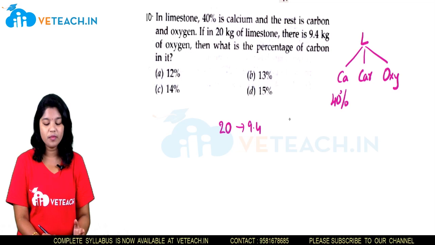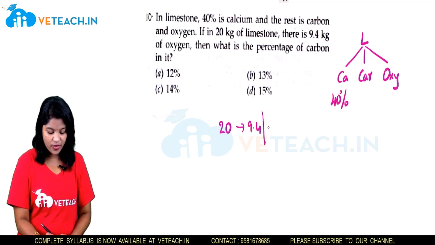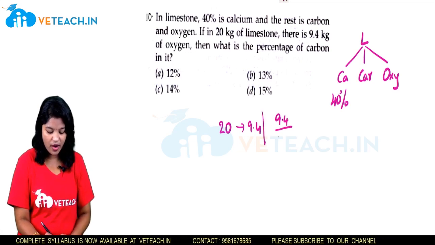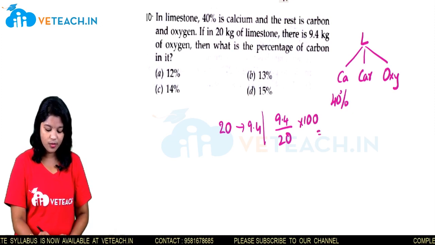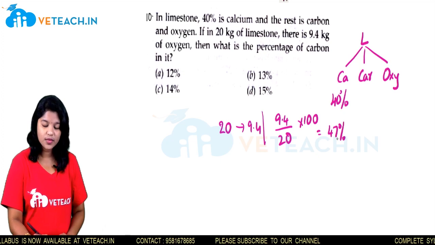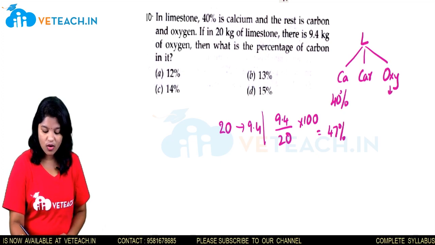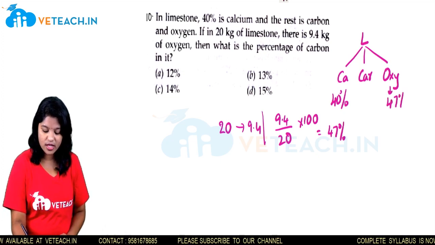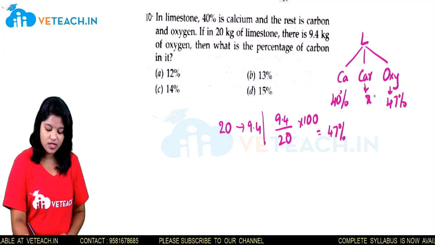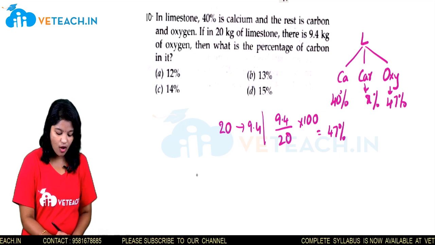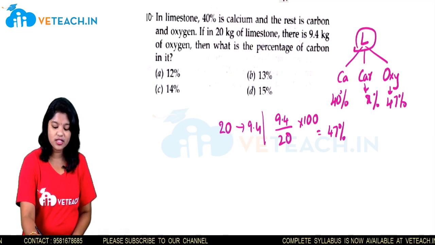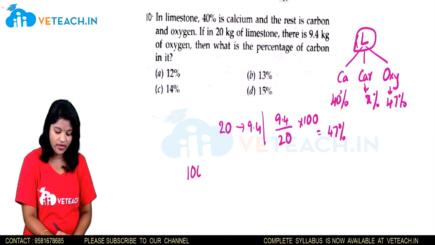So in order to find the percentage of oxygen, simply we can do 9 by 4 divided by 20 into 100. So that is equal to 47%. Okay. Now we have also got the oxygen percentage, that is 47. Now we need to find the percentage of carbon. So what we will do? Simply, the total percentage is treated as 100.